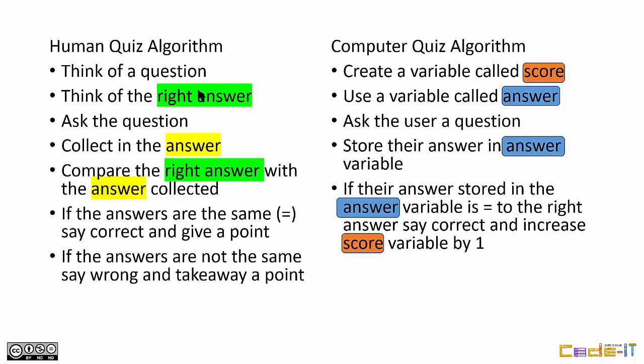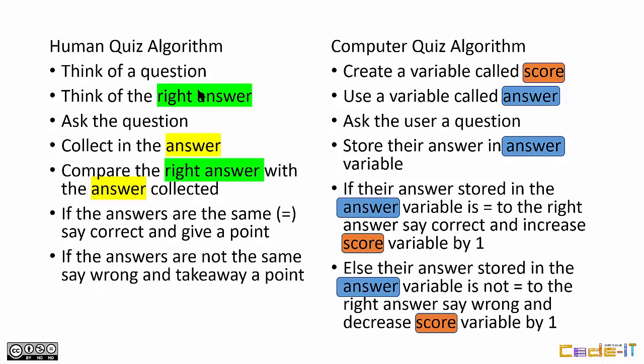And conversely, if that doesn't happen, if their answer stored in the answer variable is not equal to the right answer, we've got to say wrong and decrease the score variable by 1. So you can see there are real links with that original human quiz algorithm, but they're not exactly the same. It is useful to draw this out before we actually go and program that, and that's the next video.